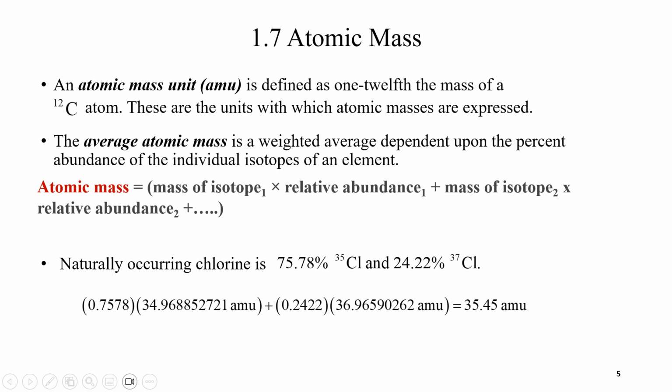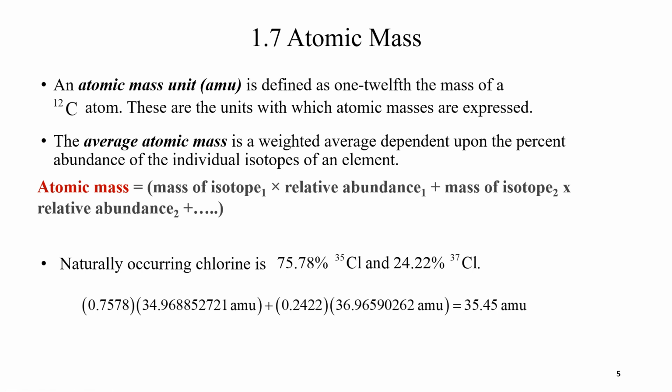If you look in the periodic table underneath chlorine, the atomic mass is 35.45, which is what we calculated. This is how every mass for each element in the periodic table is calculated.